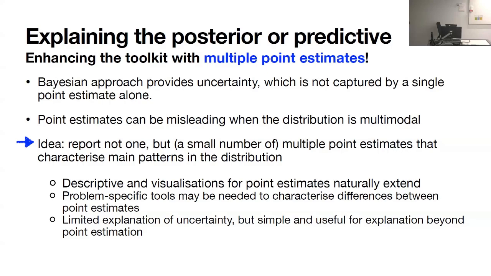We have looked at developing problem-specific tools to help characterize the differences between the different point estimates. And of course, we do acknowledge that this gives a limited explanation of the uncertainty, but it still is a simple and useful tool to explain the posterior beyond just reporting one single point estimate.